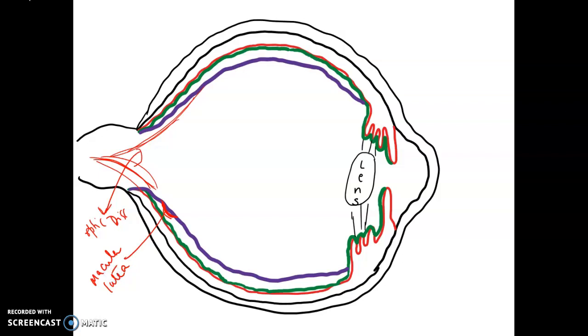This is the area which has only cones, no rods, and this is the area of sharpest vision. Okay, that's macula lutea.